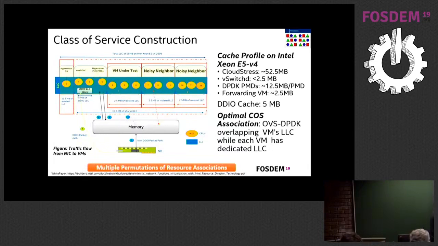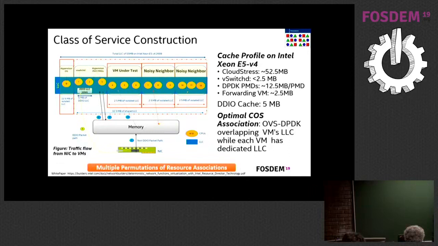And each of these VMs, the cloud stress noisy neighbor, under idle conditions, out of the 55 MB, can take up to 52.5 MB. So it can take like 95% of your last level cache. That's the main reason that you saw that 33% performance drop. Instead, we constrained it to just 2.5 MB.